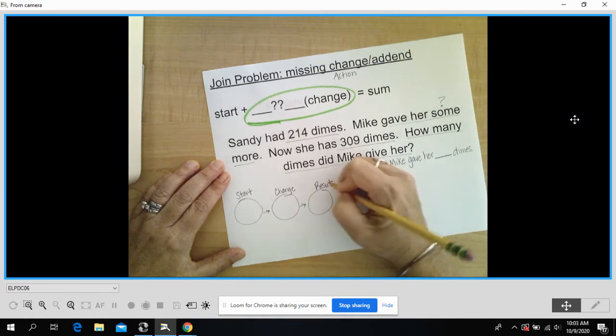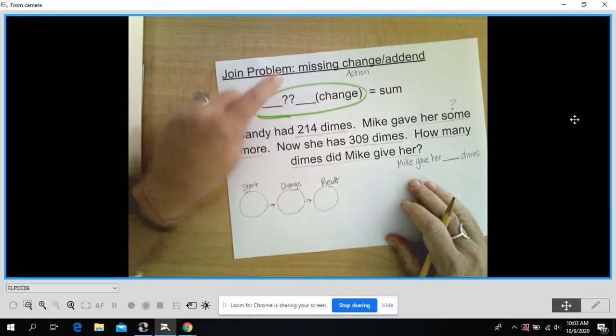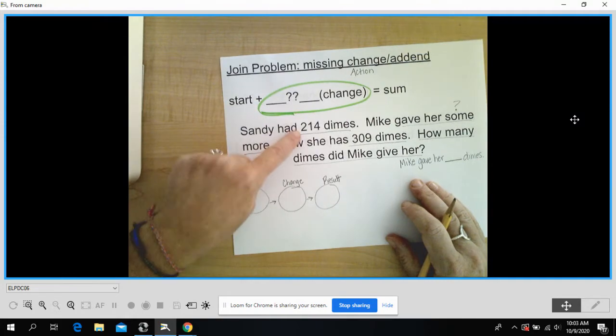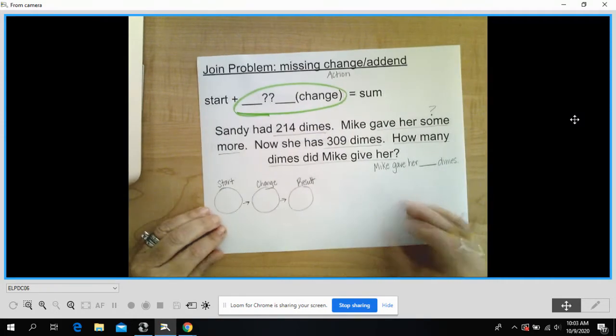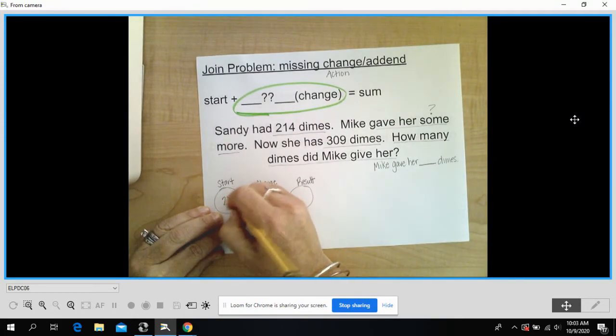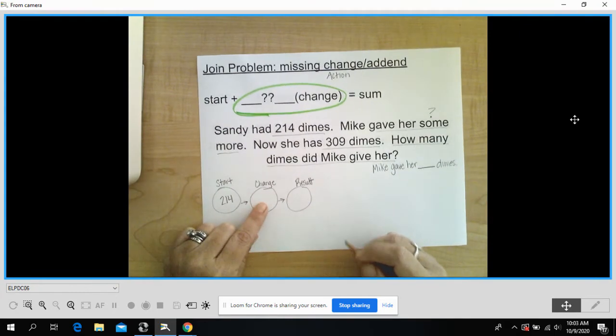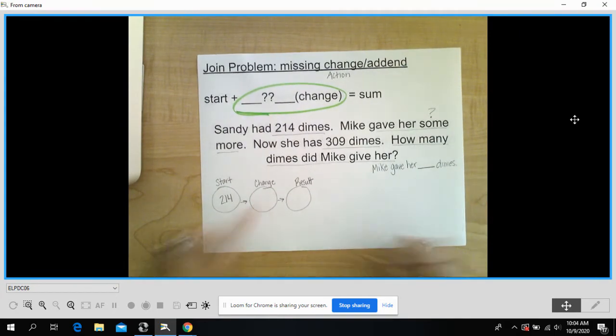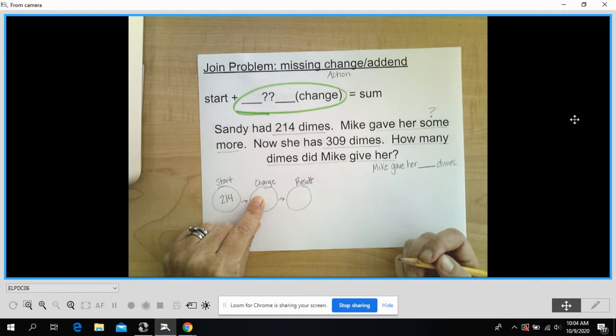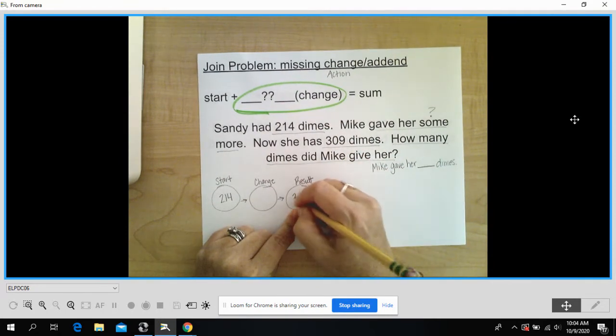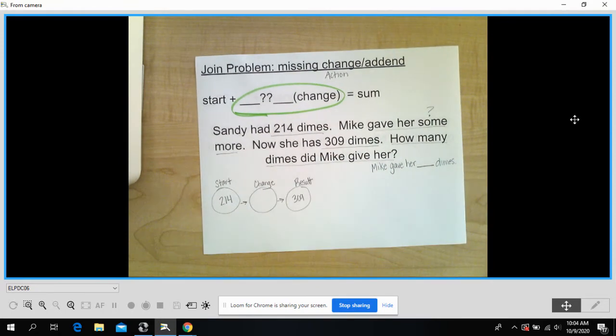For this problem type, I am trying to find the change. I know the start. What'd she have at the beginning? 214. Now she gets some more. I don't know how many more, but she ends with 309.